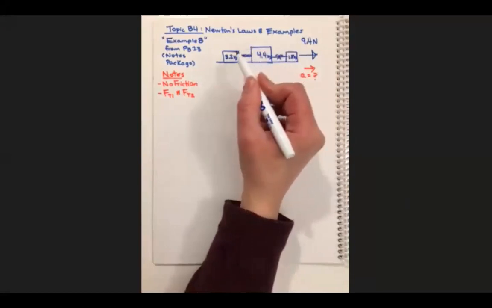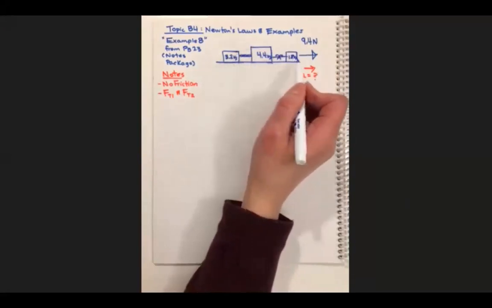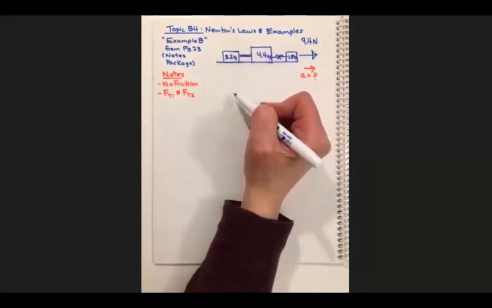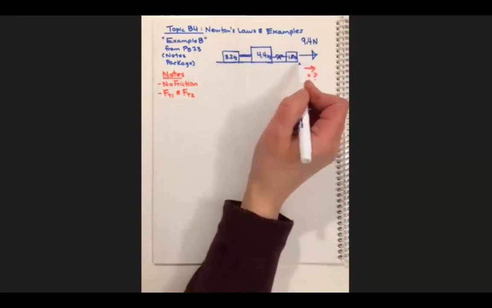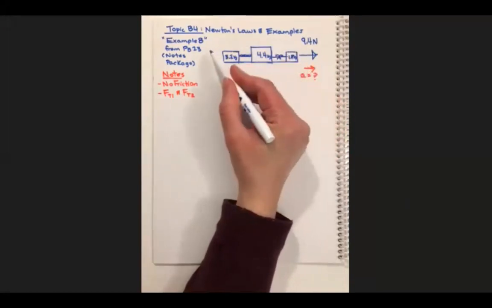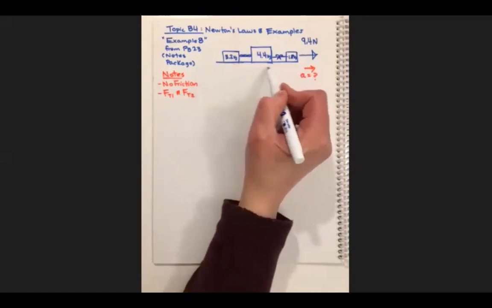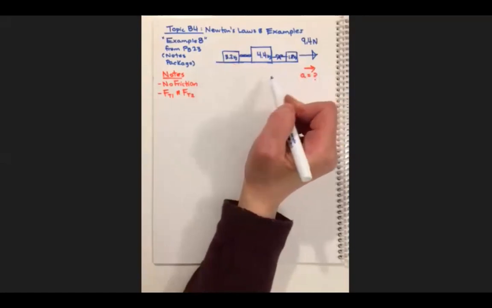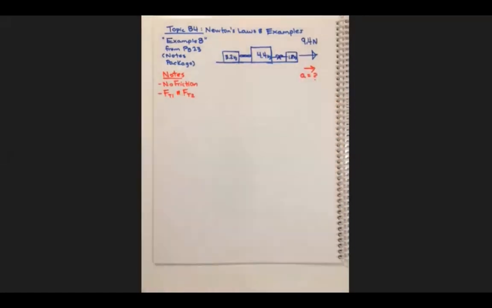That means we could draw a free body diagram for each object. In this example, I'm going to show you that we can actually draw a fourth free body diagram for the three objects together. So we can do sort of a total mass and do the free body diagram for the total mass, and that might help us in this problem.